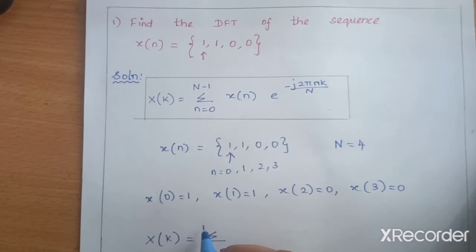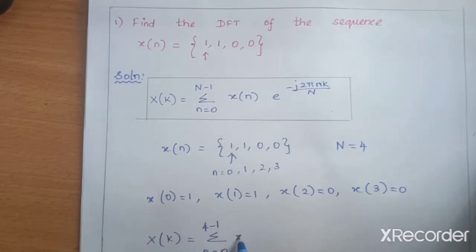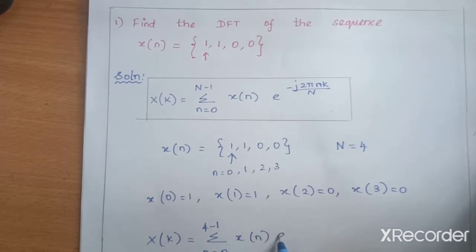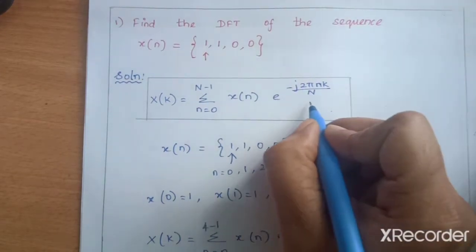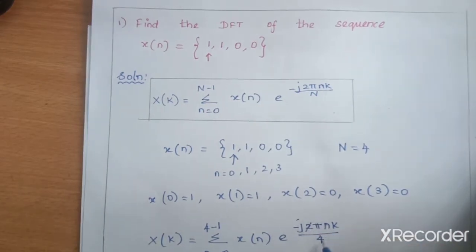So 4 minus 1, x of n e power minus j 2 pi n k divided by, and also the value of N is substituted here as 4. So here we have a 2. We have to cancel it.